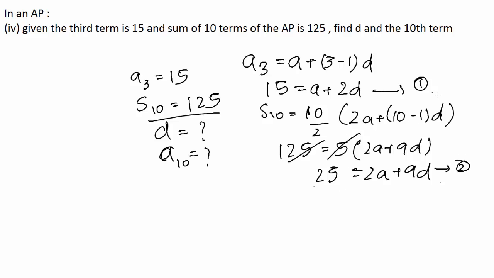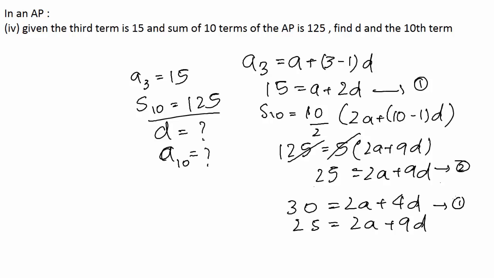Now multiply equation 1 into 2 and write it over here. That is 30 is equal to 2a plus 4d, and 25 is equal to 2a plus 9d. This is equation 1 multiplied by 2, and this is just equation 2.